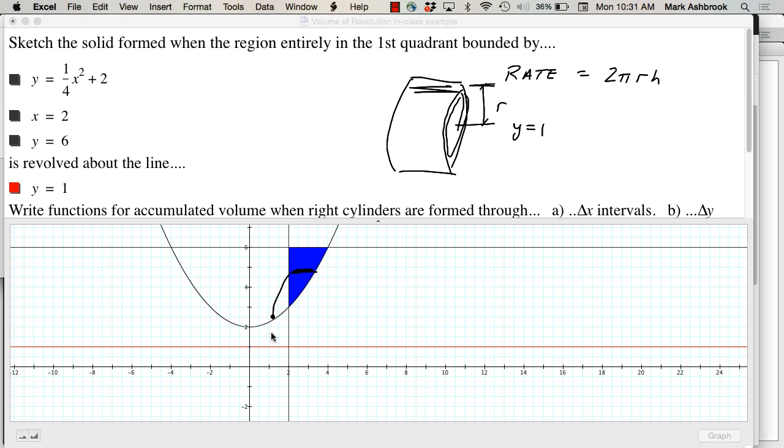So this is a typical shell, right? Typical shell in the current y interval. So it's the y coordinate of what? It's the y coordinate of this curve minus y. So this is simply the y coordinate of the curve. So the radius is y minus 1.